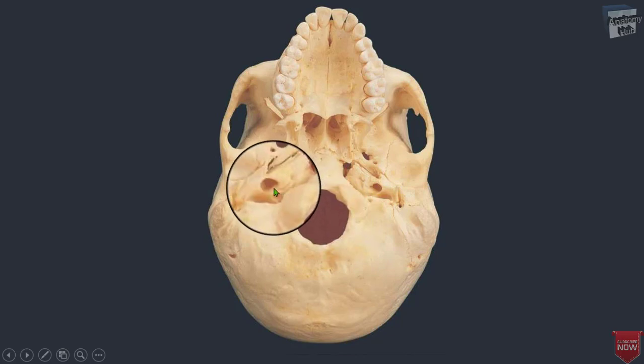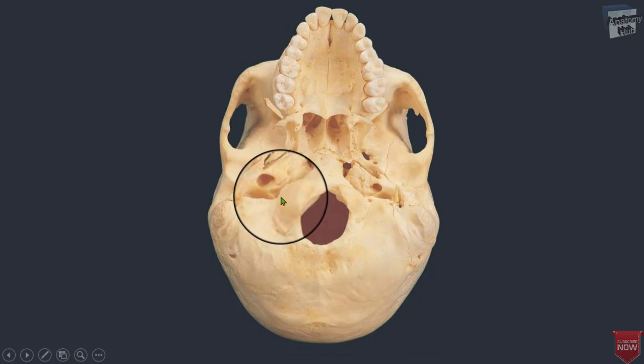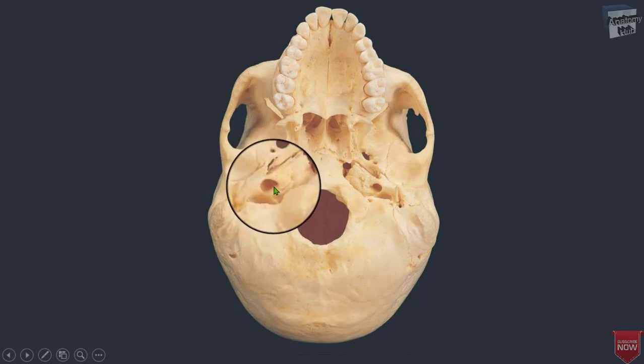Then here on each side, the cervical entrance to the carotid canal leads the internal carotid artery into the petrous portion of the temporal bone that you can see here.